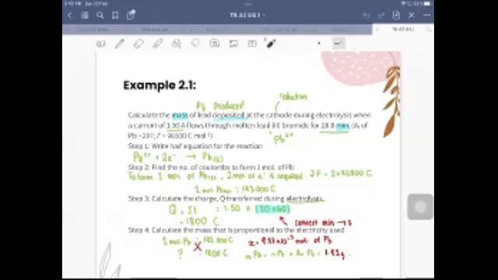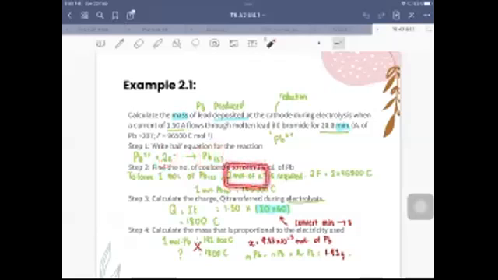There are a few things that you need to work out before you find out the mass of product being produced. First, you need to identify how many moles of electrons are required or released to form that particular product, in this case lead. Then you have to associate those 2 moles of electrons with the charge they carry.